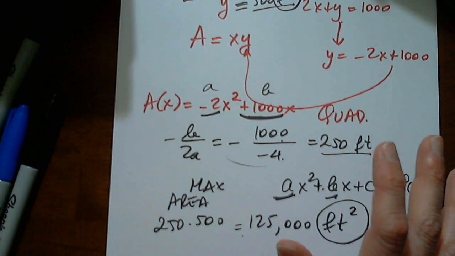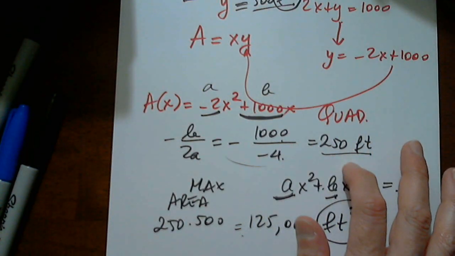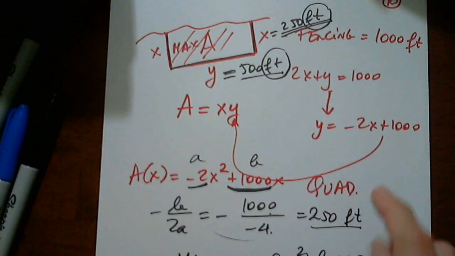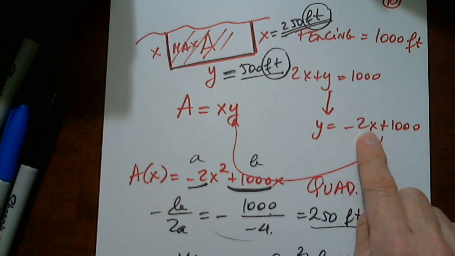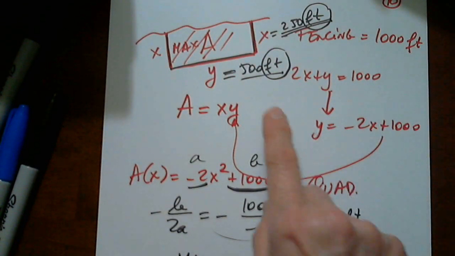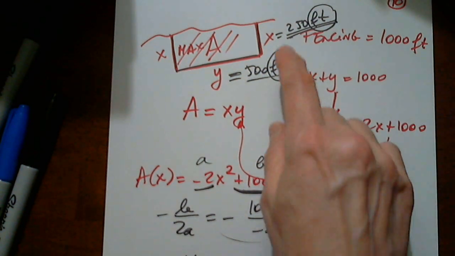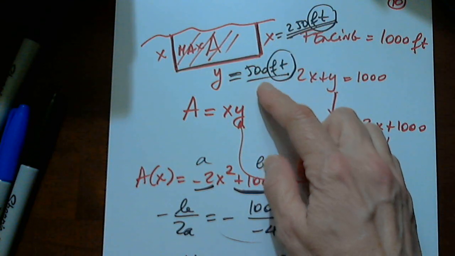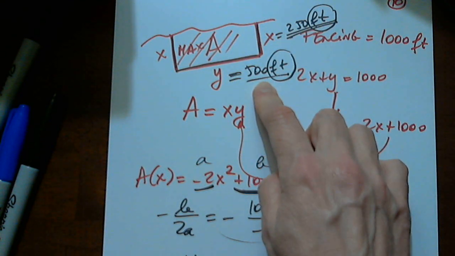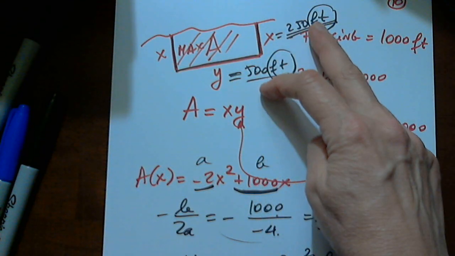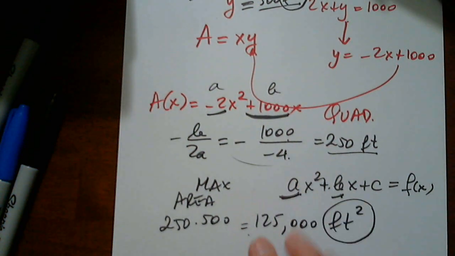Make sure you don't get a negative number, right? So 250 is the width. I determined with 250, negative 500 plus 1,000 is 500. So we tell the farmer the width must be 250 and the length must be 500. Any other combination will not give you the maximum area, sir. This is the only one. 250 by 500.